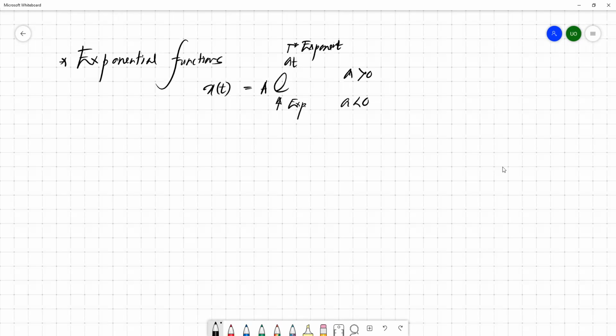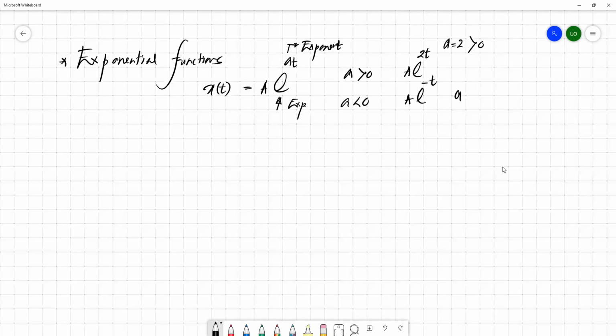This may be a positive value, like A e to the power 2t. So now here a becomes 2, which is greater than 0. Again, you can have a negative exponent, like A e to the power minus t.